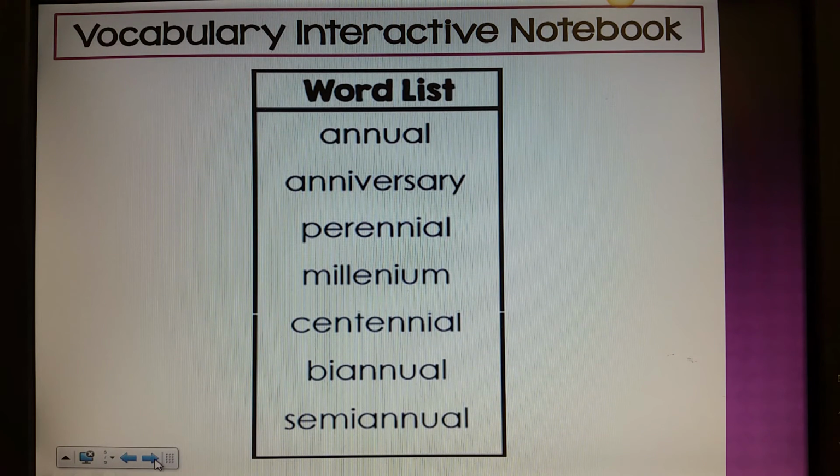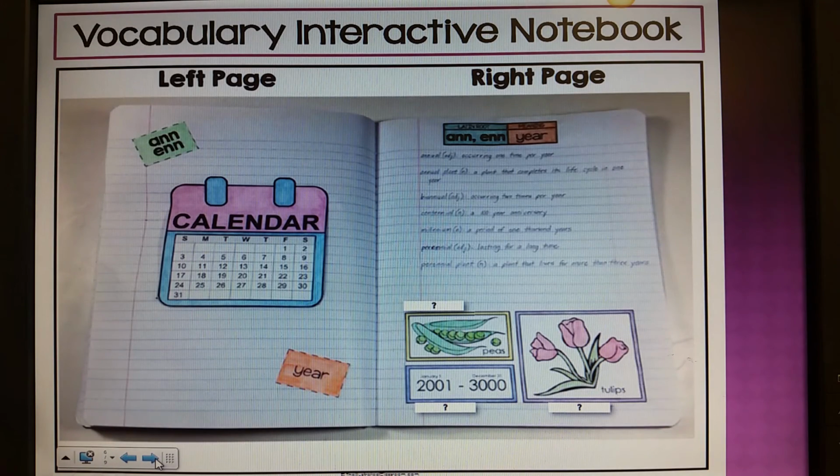So pause the video now and go ahead and put your interactive notebook together with the pictures on the left side. Now you're going to add the Greek and Latin roots and the meaning at the top of the right page, and you're going to add the pictures down at the bottom. Don't forget that you need to use the words that you will be adding here.